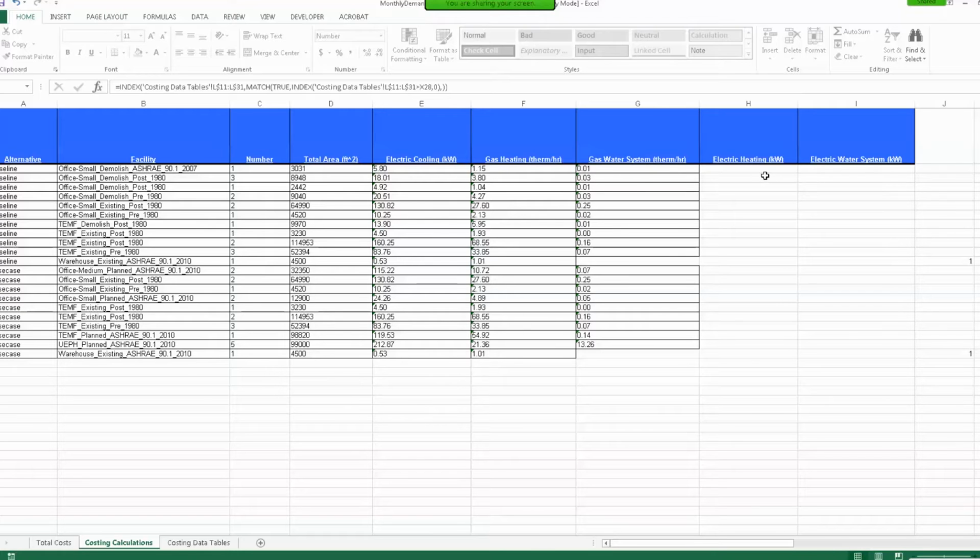And then there are some situations, especially for remote facilities, where we may have some electric heating or electric hot water systems as well to do the domestic hot water heating. With our current study, we don't have any of those, and this is going to be the most common situation anyway. But we have the peaks here, and they can be broken down on a per building basis, and so that's basically what this spreadsheet does.